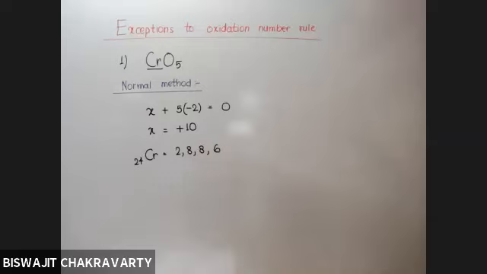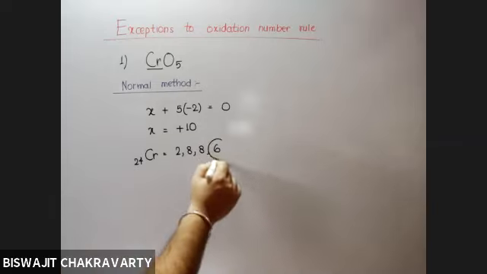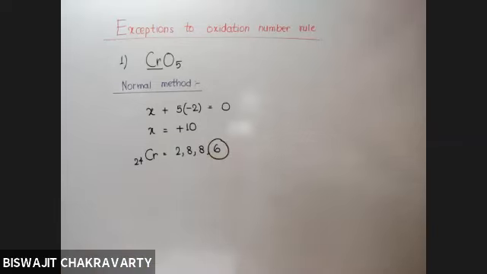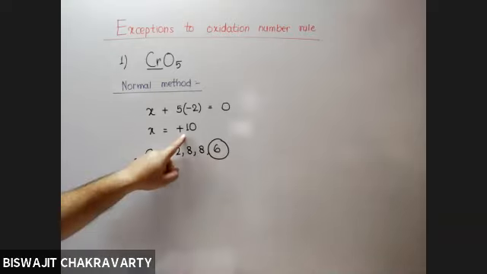Now, according to its electronic configuration, how many electrons is it in a position to lose to get the maximum oxidation state? Sir, 6 electrons. Which means what is the maximum oxidation state possible for chromium? Sir, +6. That means +10 is not acceptable, isn't it?